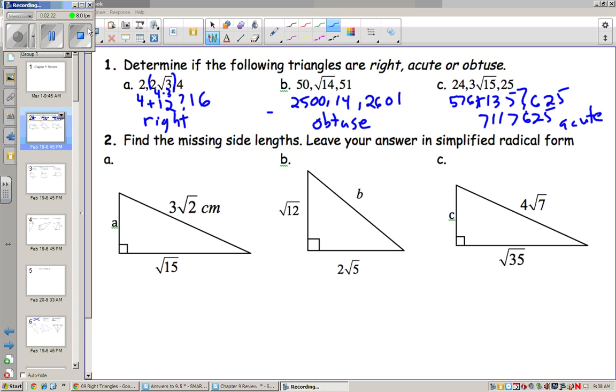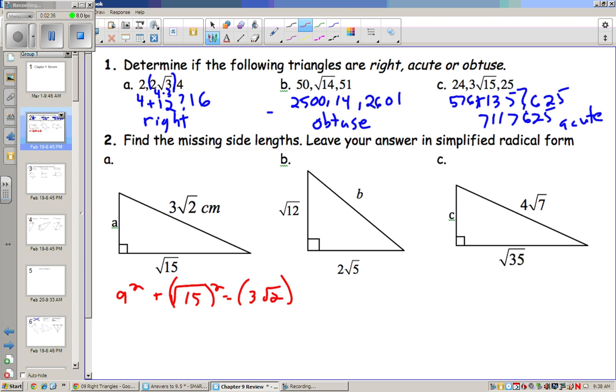All right, for number 2, if I want to solve this, we don't know anything about these angles, so the only thing we know is that this is a 90-degree angle, so we can use Pythagorean theorem. So a squared plus the square root of 15 squared is equal to 3 root 2 squared. The square root of 15 squared is just going to be 15. 3 root 2 squared is 3 root 2 times 3 root 2.